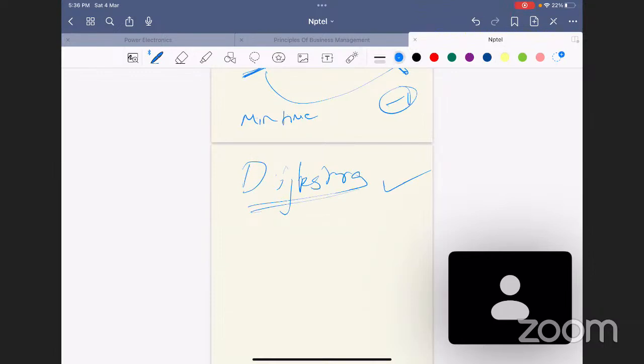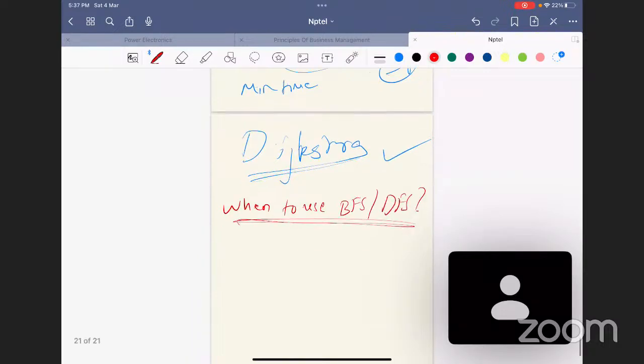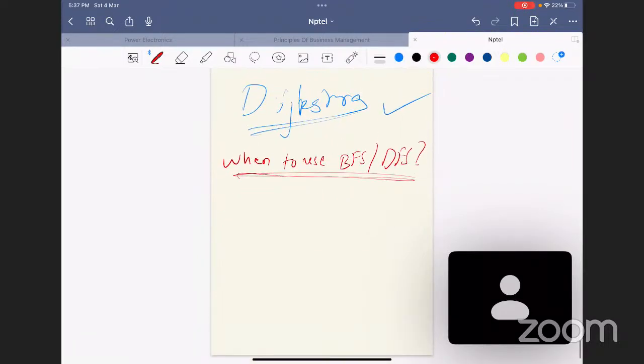Now, coming back to Bhani Roy's question, when to use BFS or DFS. As you said, I guess most questions can be solved by using either BFS or DFS, because it is just a graph traversal, right?